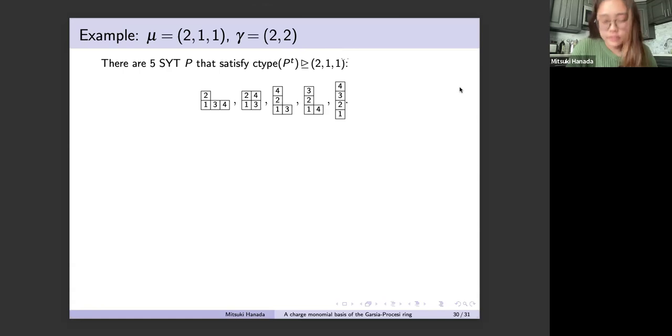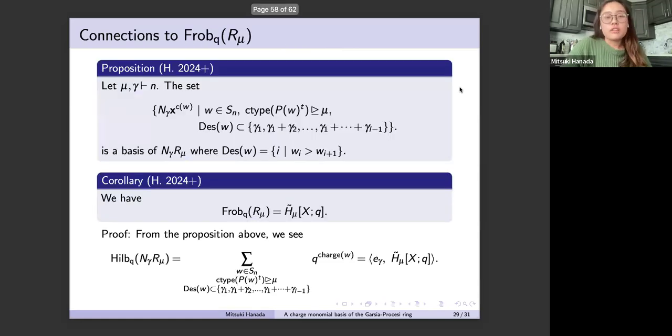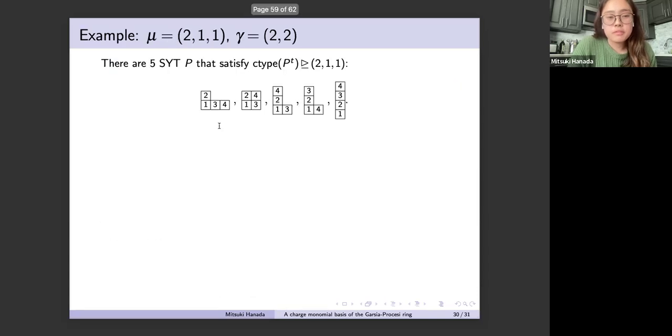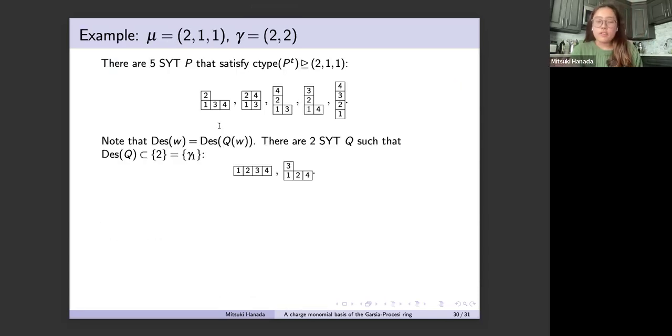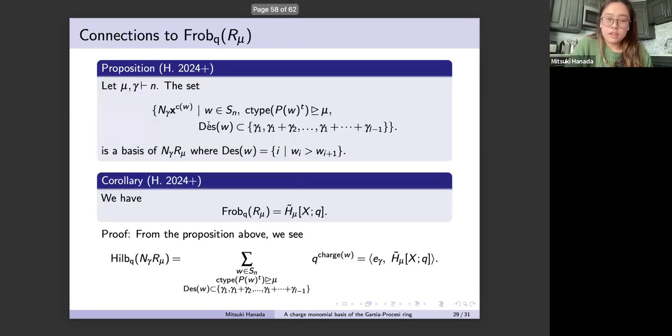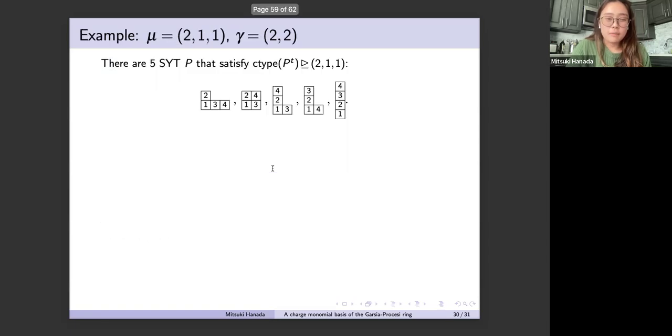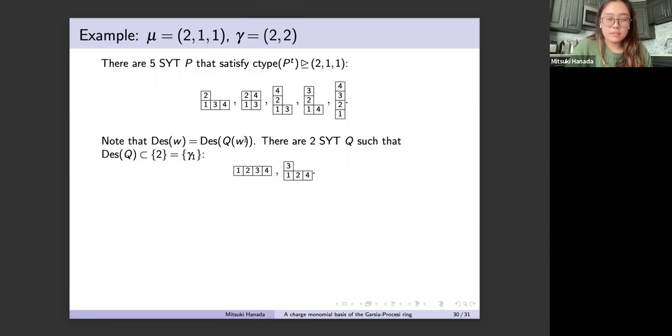So it's given by these 5. Our second condition is on descent of permutations. We have this very nice fact about RSK that the descent set of a permutation is just the descent set of the recording tableau. So finding permutations that satisfy this descent set just corresponds to finding tableaux that satisfy that descent set and then setting that to be a recording tableau.